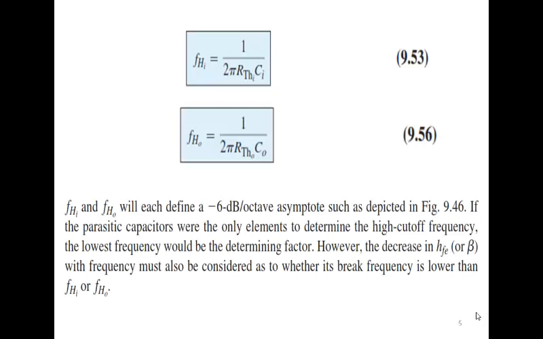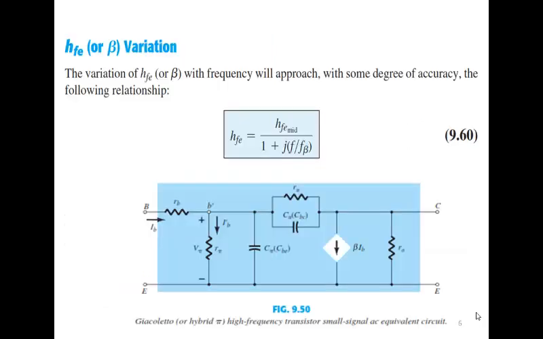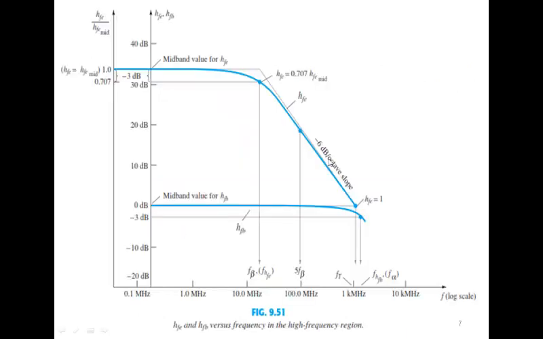In high frequency response, we already computed the cutoff frequencies associated with the parasitic capacitances, in which we have computed three frequencies: fHi, fHo, and f beta.